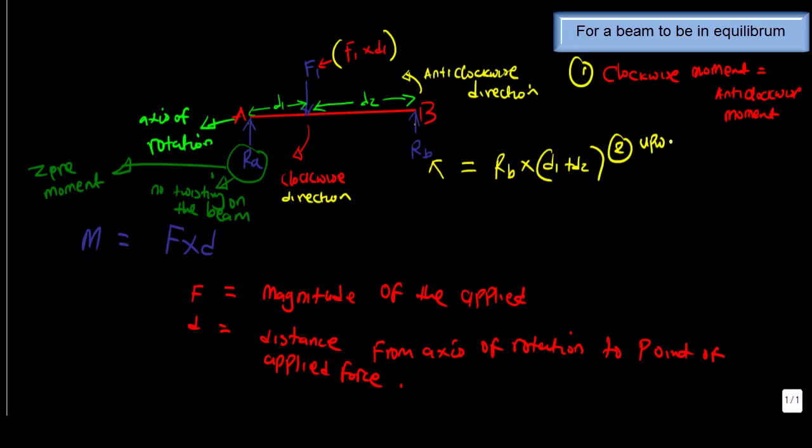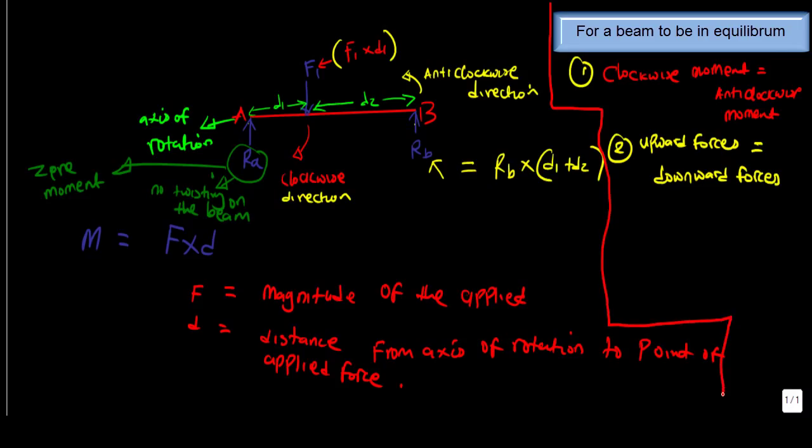In English, that means the upward forces have to be equal to the downward forces. So maybe I should have a separation here so that we don't get confused. There you go. So for the beam, this is the clockwise moment and this is the anti-clockwise moment.